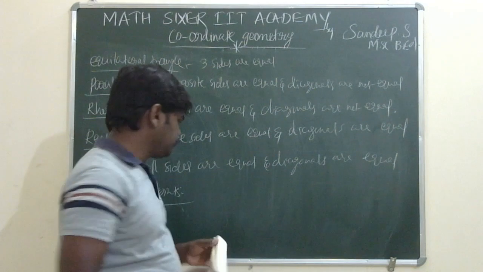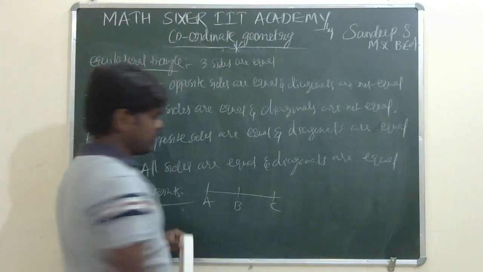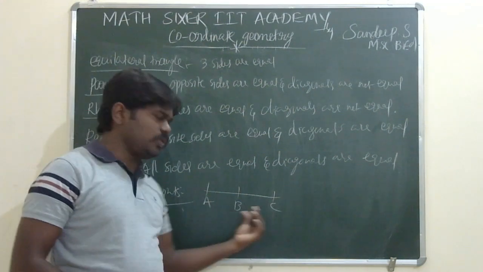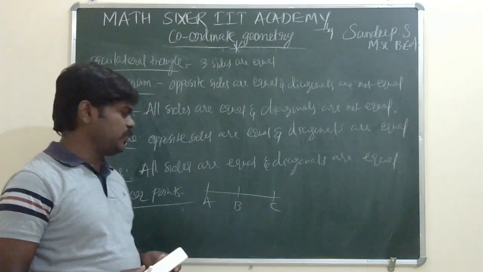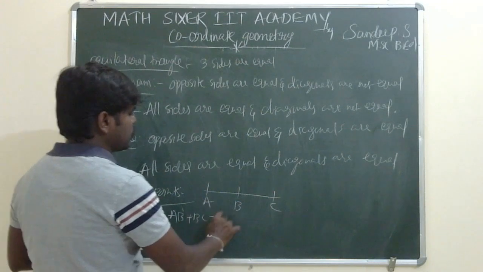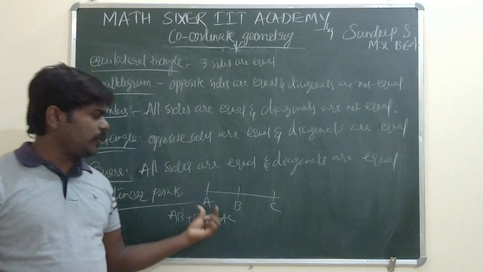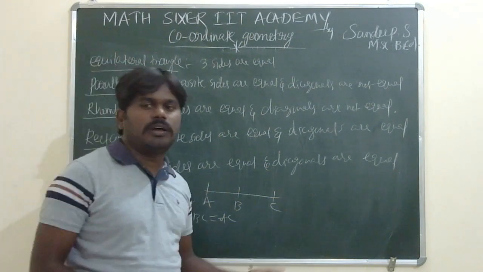Suppose we have points A, B, C, and we know the order: first A, next B, next C. To prove these 3 points are collinear, we simply have to prove AB plus BC is equal to AC with the help of the distance formula. Then you can say that A, B, C are collinear points.